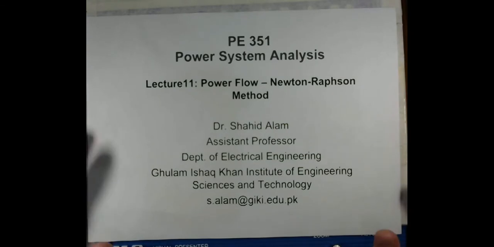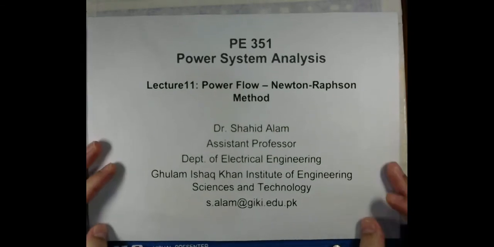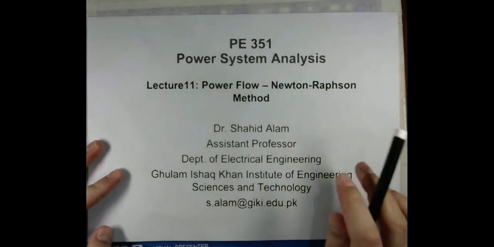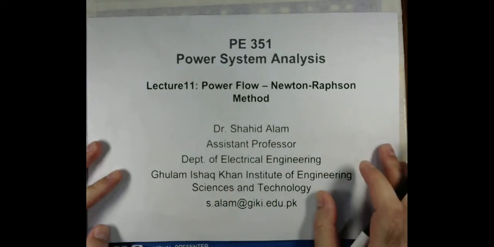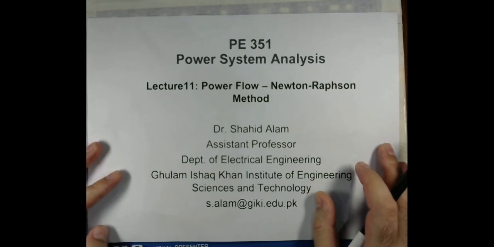In the last recorded lecture, we discussed the Newton-Raphson method, that is a power flow method for determining the variables or the parameters on the different buses in a network.